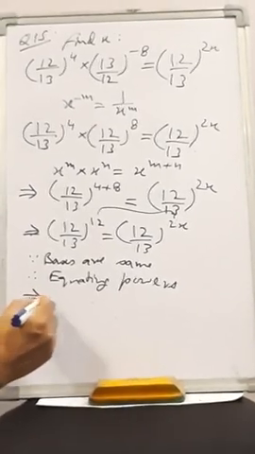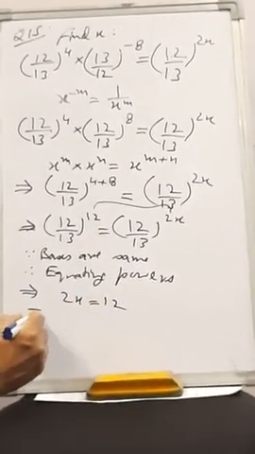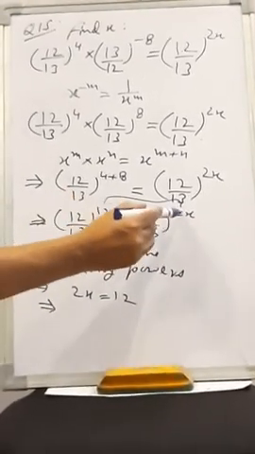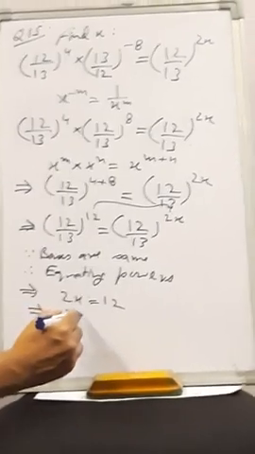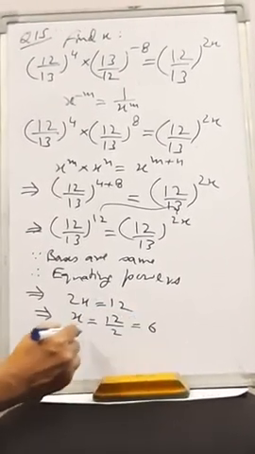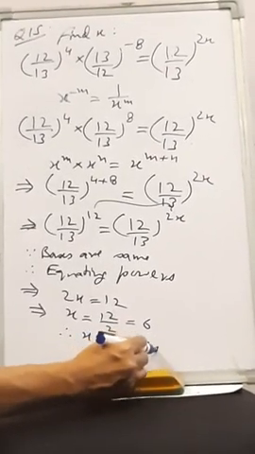So if we equate the powers, we get 2x equal to 12. So x equal to 12 upon 2, that is 6. So therefore x equal to 6 is the final answer.